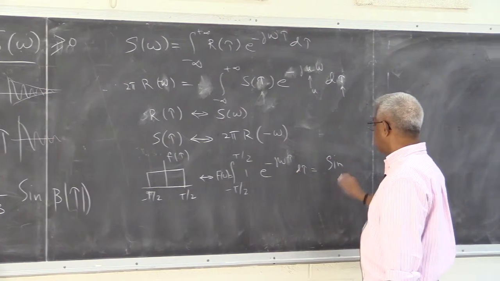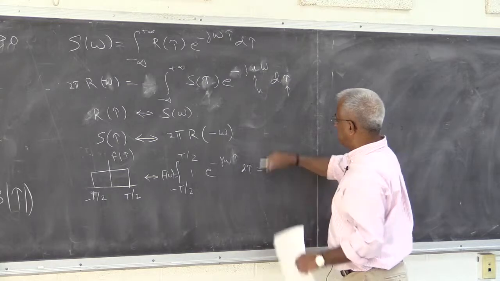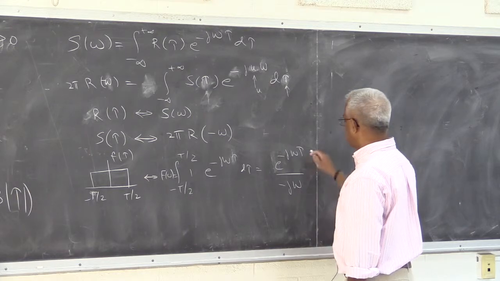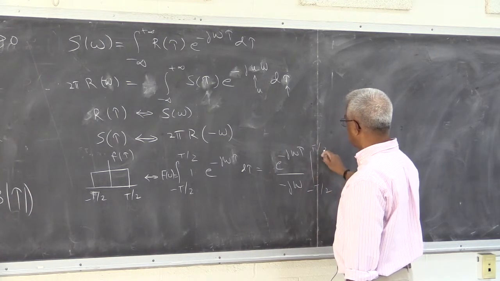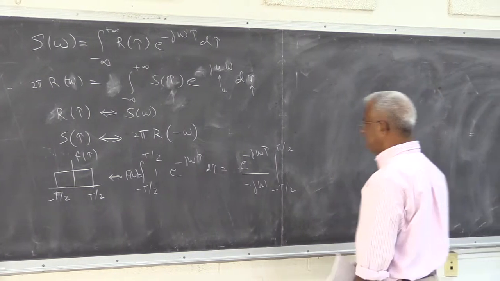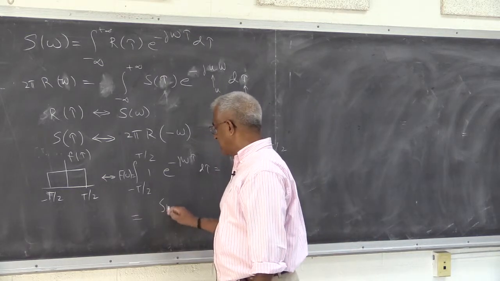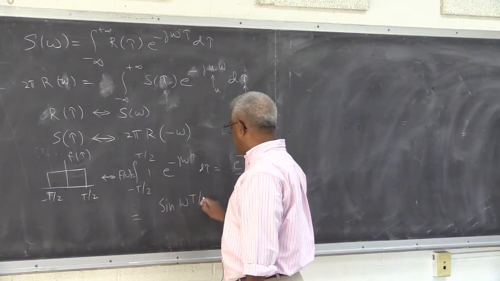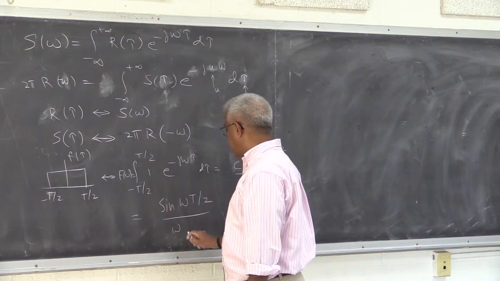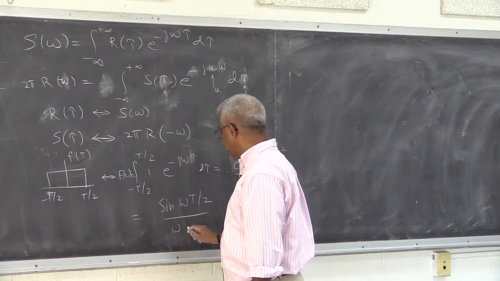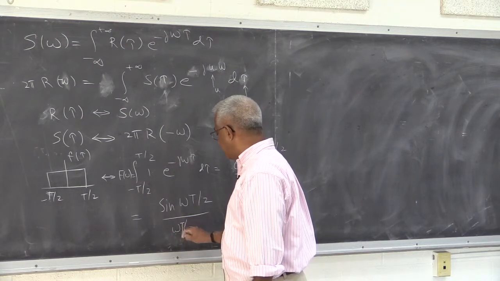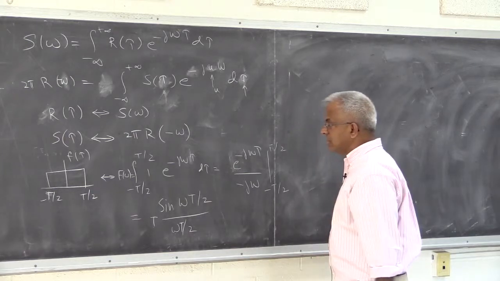That's e raised to minus j omega tau over minus j omega, evaluated from minus t by 2 to plus t by 2. So that's minus 2j sine omega t by 2 over omega. I can write this as sine omega t by 2 over omega by 2, because there is a 2 here. And if I multiply by t on both sides, I get this. This is the classic definition.